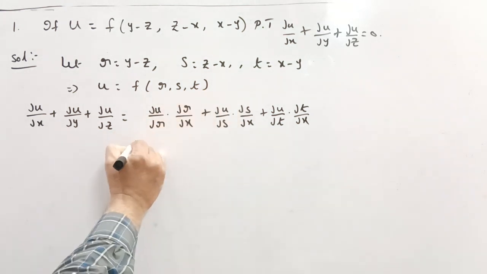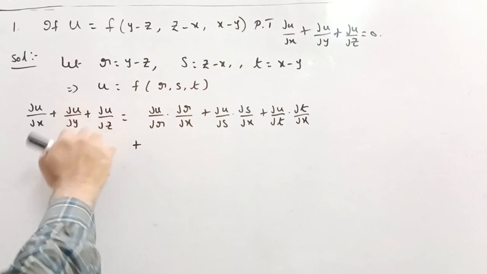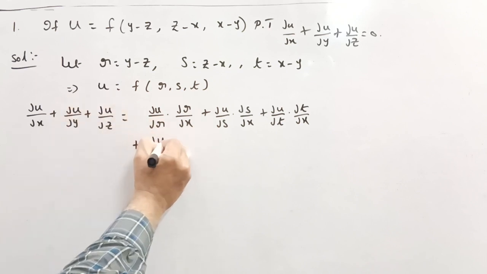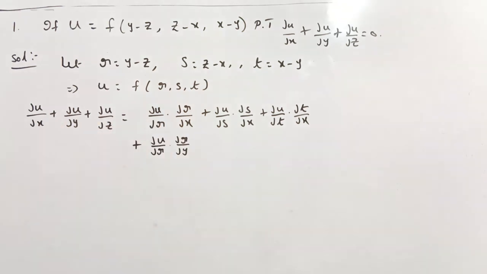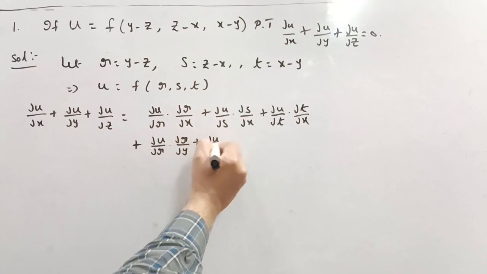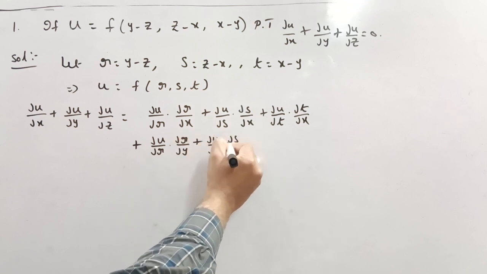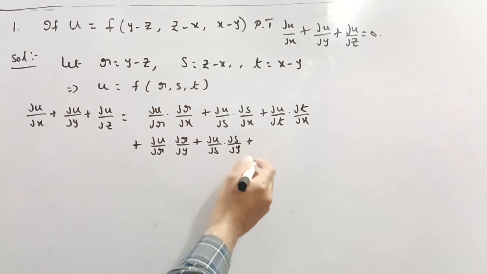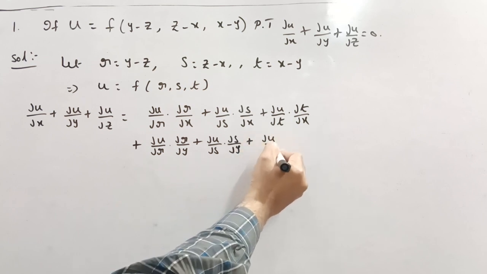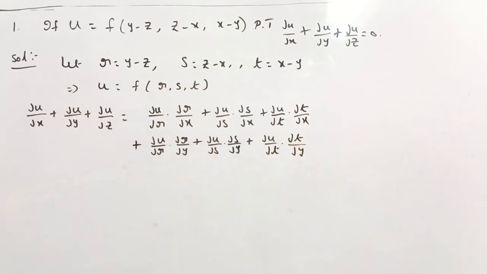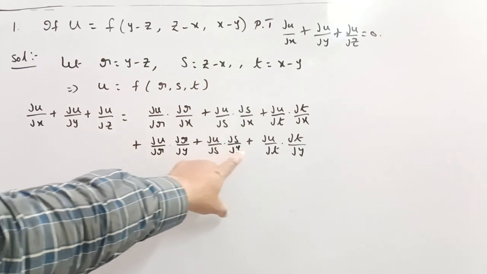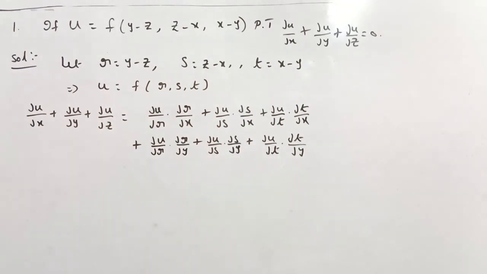Now plus ∂u/∂y. Similarly, ∂u/∂y can be written as ∂u/∂r into ∂r/∂y plus ∂u/∂s into ∂s/∂y plus ∂u/∂t into ∂t/∂y. So r, s, t are differentiated with respect to y. Clear?